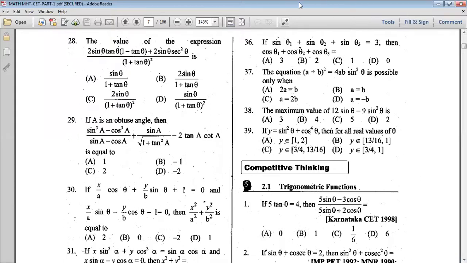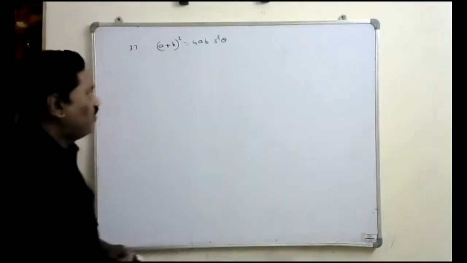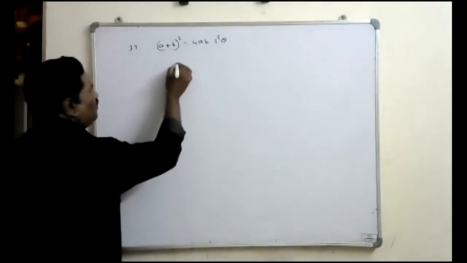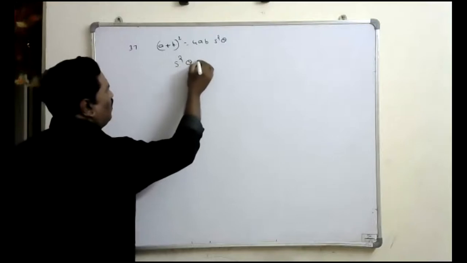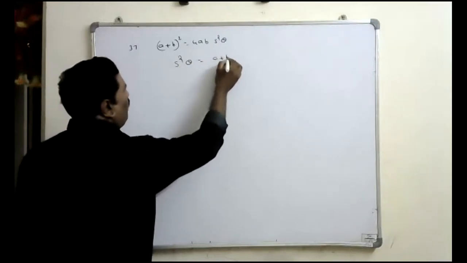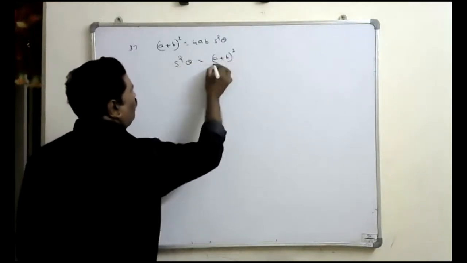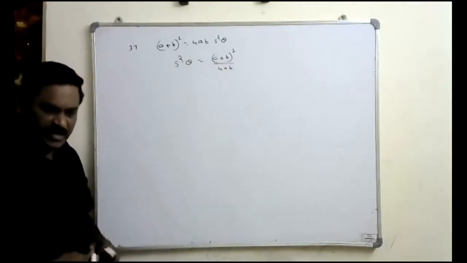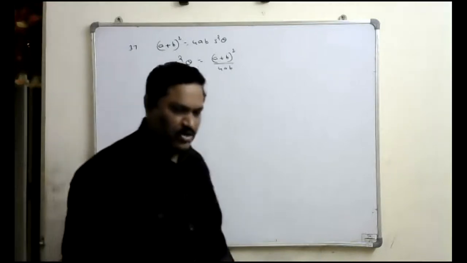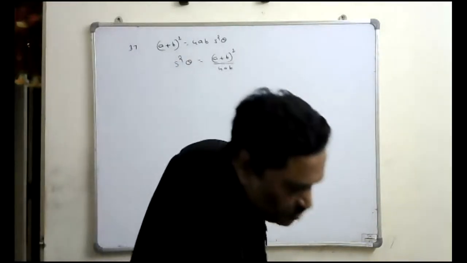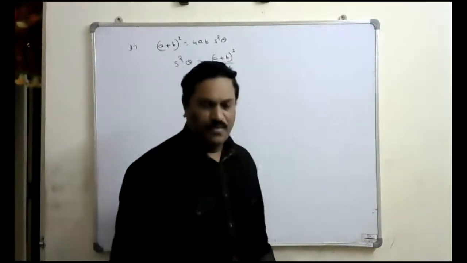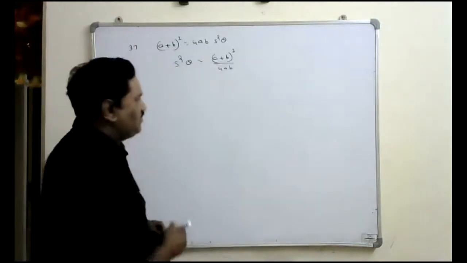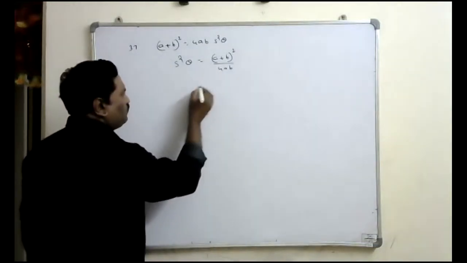This is also a simple logical question. From this you can understand that the value of sine square theta is equal to a plus b whole square upon 4ab. This is the value of sine square theta they have given, right? But we know the maximum value of sine square theta is 1.